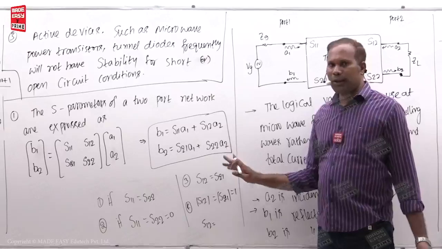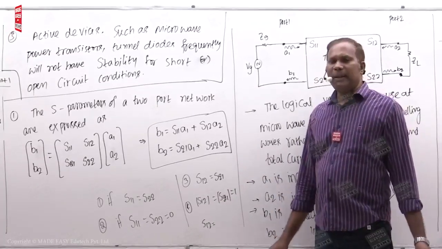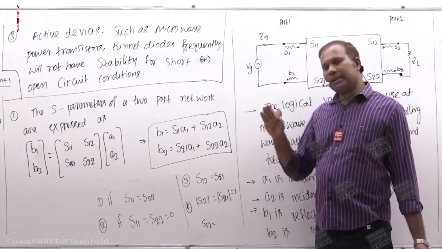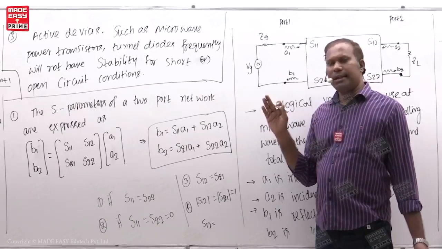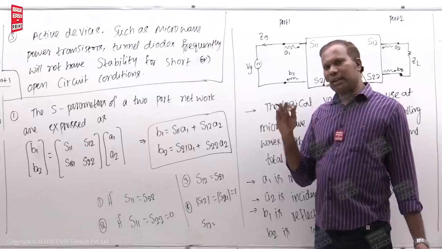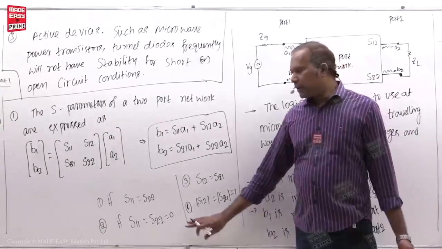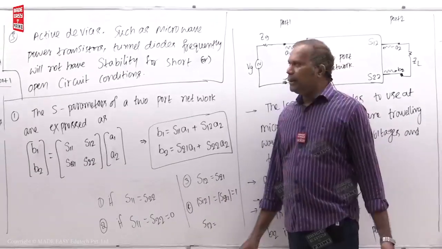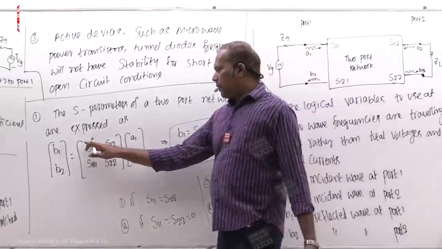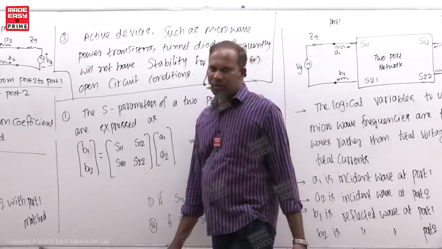So simply it is reciprocal. Now if S12 and S21 are equal to 1, then whatever is transmitted at port 1 reaches port 2 without loss. Similarly, whatever is transmitted at port 2 reaches port 1 without loss. So that is a lossless network as well as reciprocal. So these points I will be writing in the notes, students. The diagonal elements are reflection coefficients and the other elements are transmission coefficients, students.